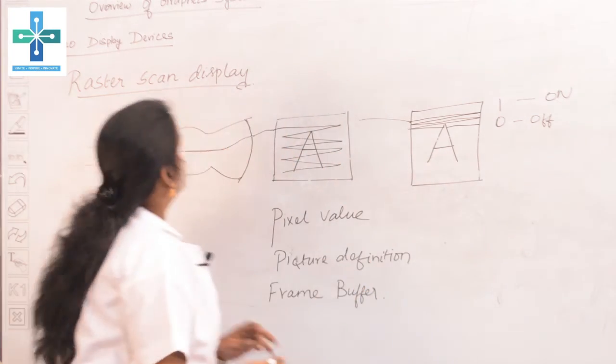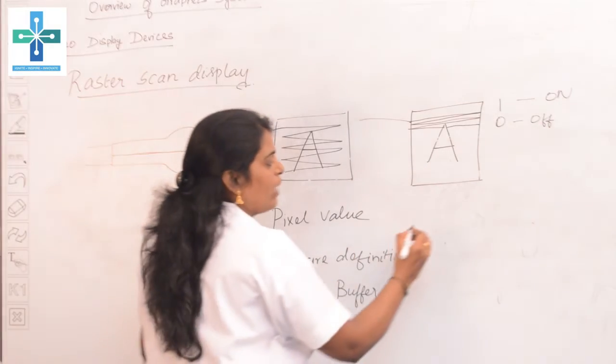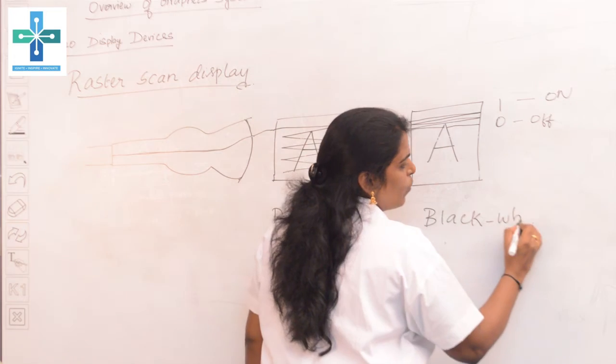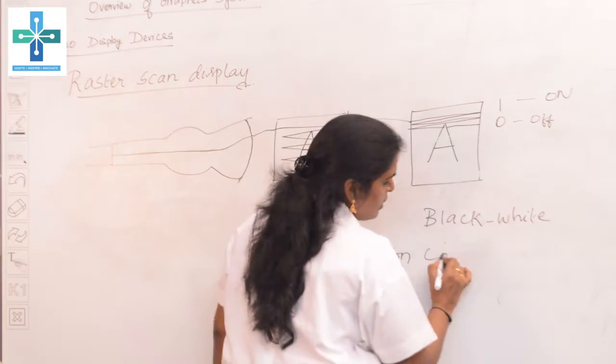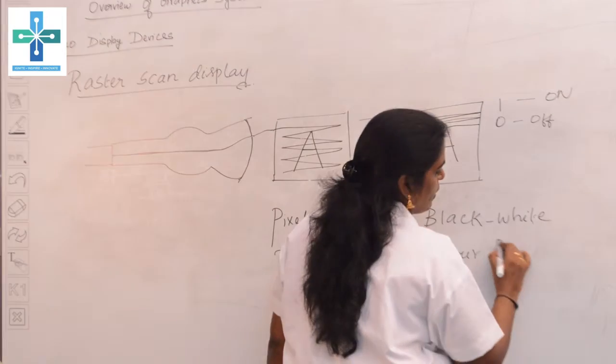There are two types of raster scan displays that can be used. One is the black and white raster scan display, and another one is the color raster scan display.